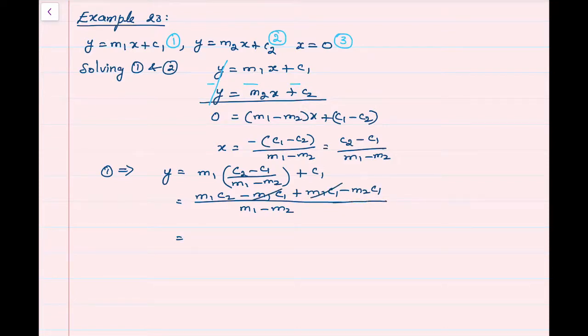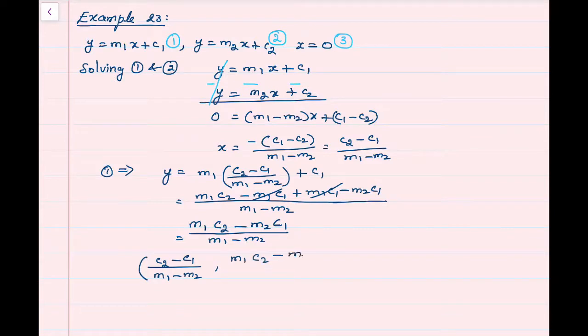Therefore, the y coordinate is m1c2 minus m2c1 divided by m1 minus m2. Therefore, the point of intersection of the first two lines is c2 minus c1 divided by m1 minus m2, and the y coordinate is m1c2 minus m2c1 divided by m1 minus m2.